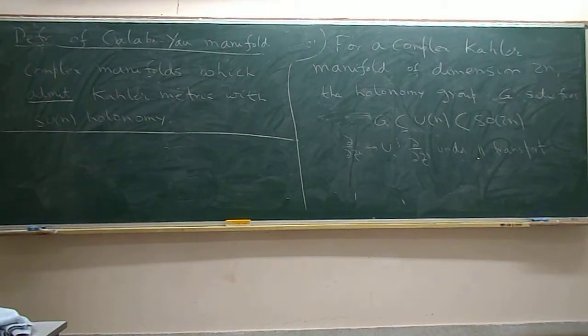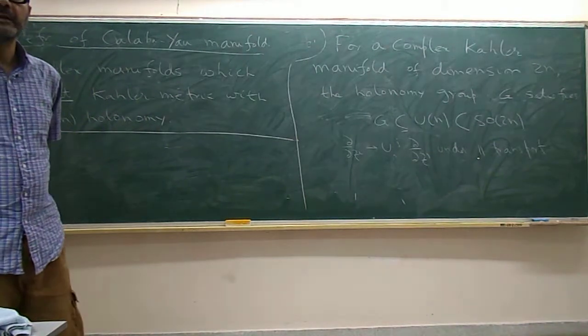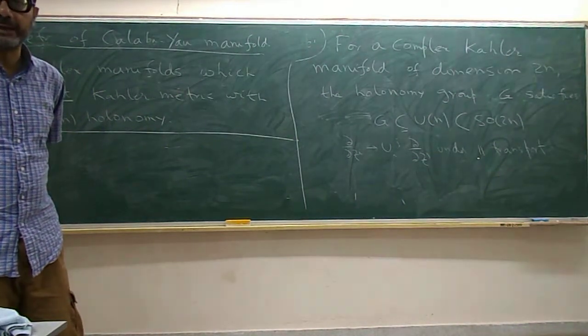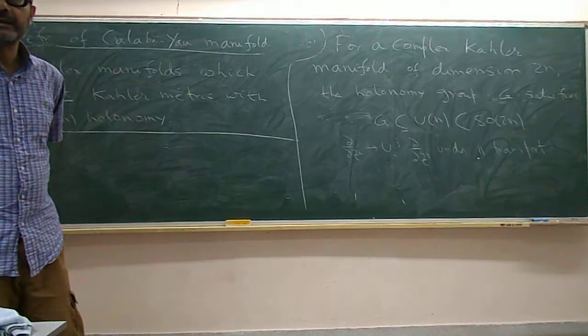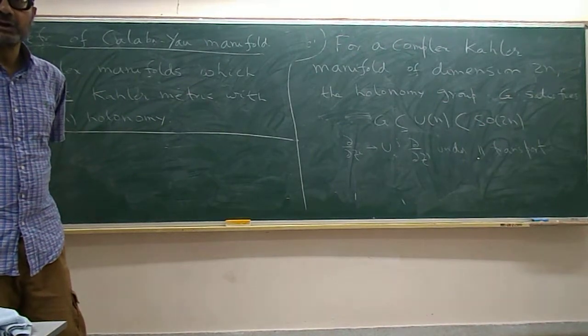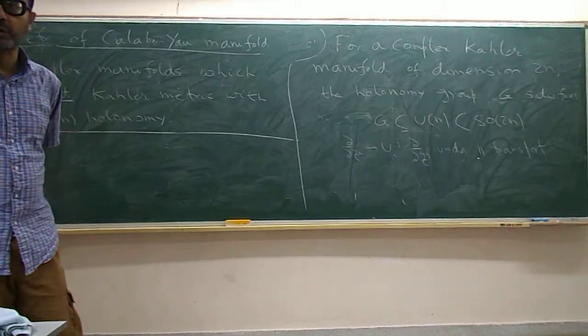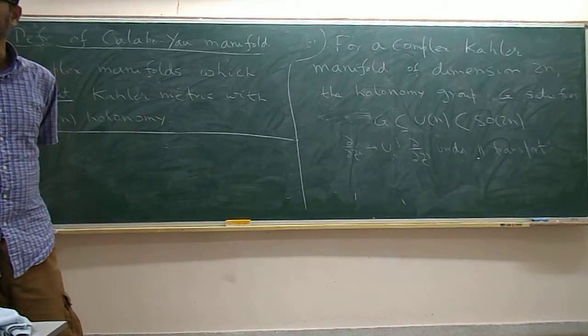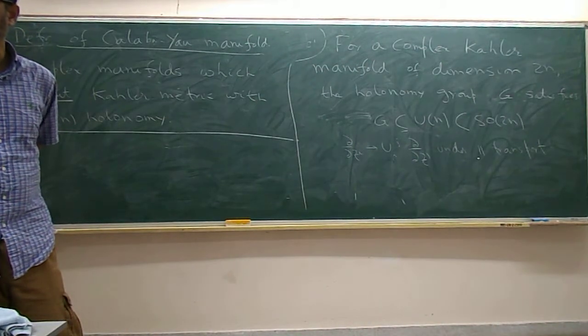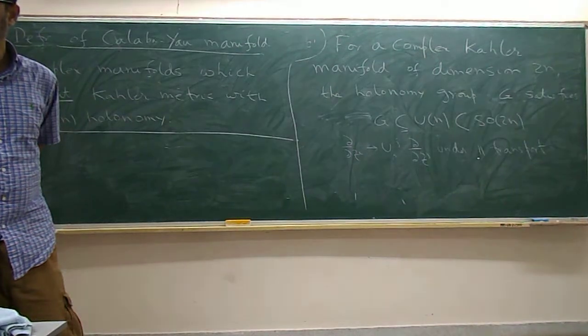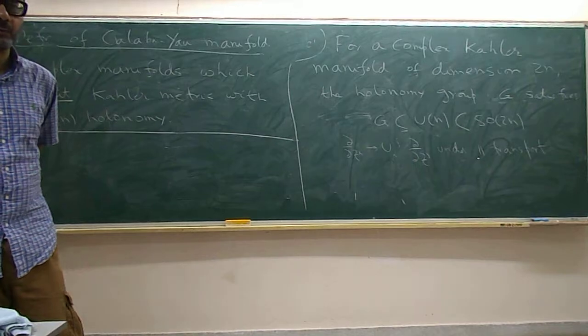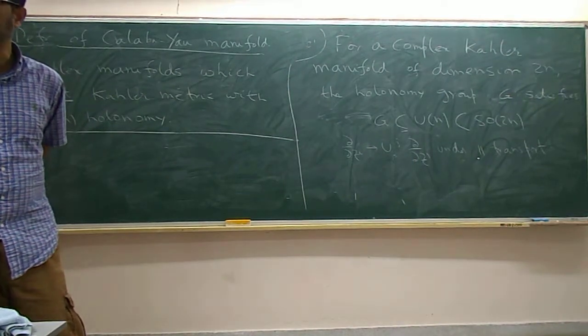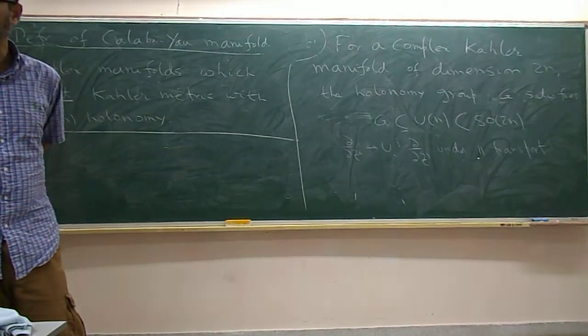A torus would be a Calabi-Yau manifold trivially, because you can take a flat metric, and the holonomy is trivial. SU(1) as a group is the trivial group. So the torus, in fact, is the only example of a Calabi-Yau manifold which is two real dimensional, or one complex dimension.